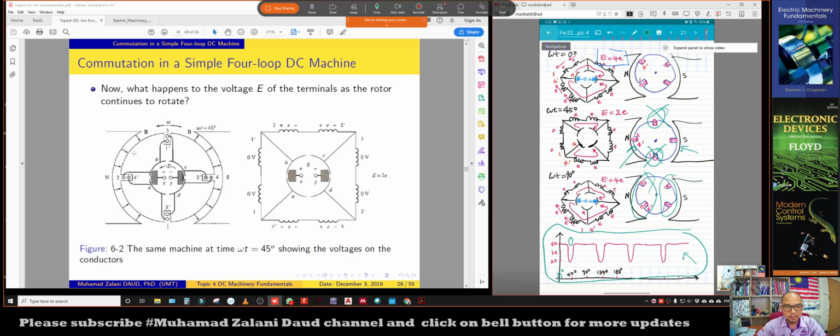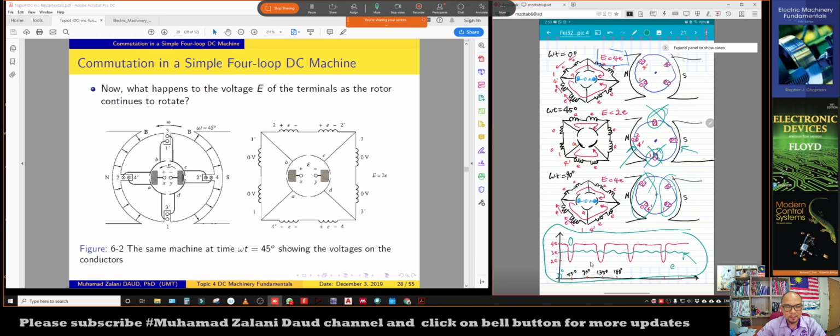Okay, for this two pole machine, just a small segment here, the wire loop does not receive any induced voltage. But in other parts, under the pole faces, the wire loop will experience induced voltage. So we can redraw this into this particular figure here.